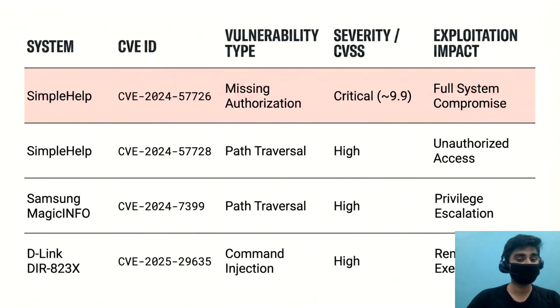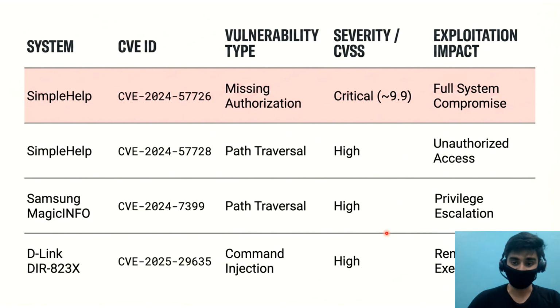Next, system, CVE ID, vulnerability type, severity, CVSS score, and exploitation impact. I have SimpleHelp along with Samsung MagicINFO and D-Link. I have explained the IDs and the vulnerability types, like missing authorization, path traversal, and command injection, along with the severity score, which is very critical.